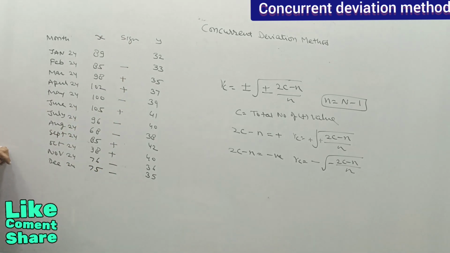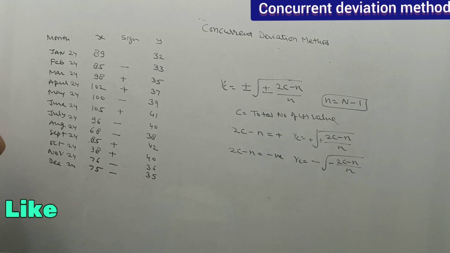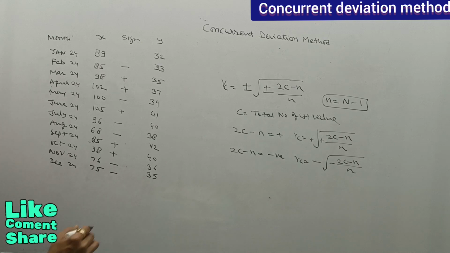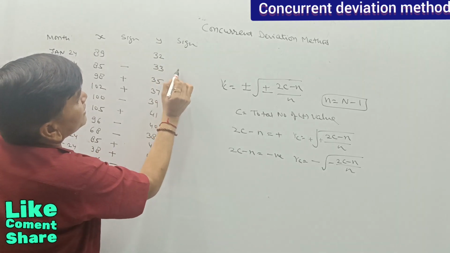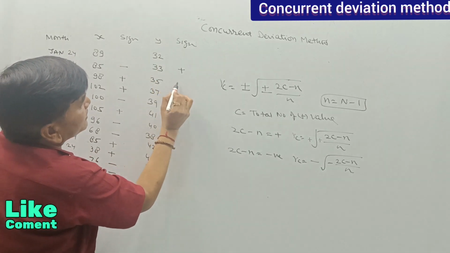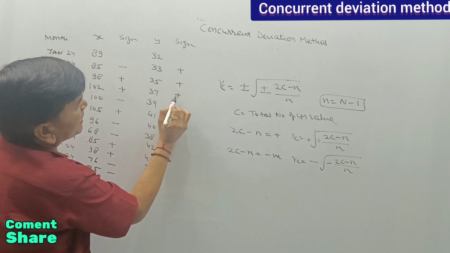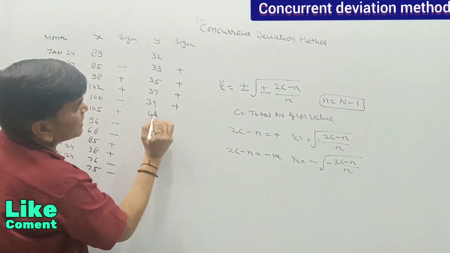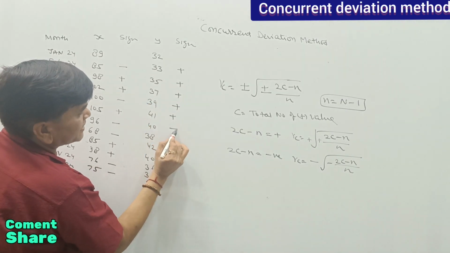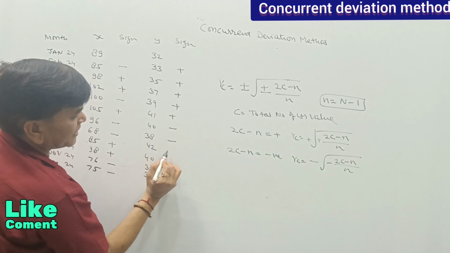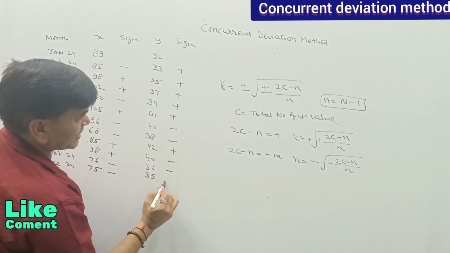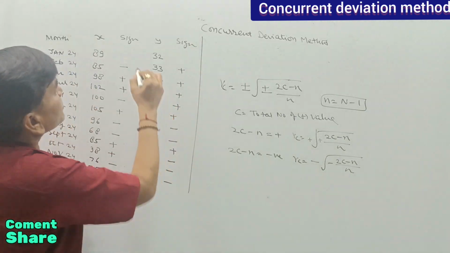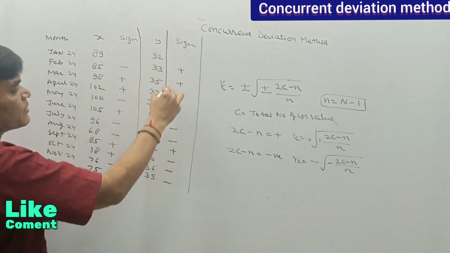First we have to sign the X series like this. Then in the Y series also, 32 to 33 increasing, 35 to 37 increase, 37 to 39 increase, 39 to 41 increase, then decrease, decrease, increase, decrease, decrease and decrease. So first we get the signs of both series.